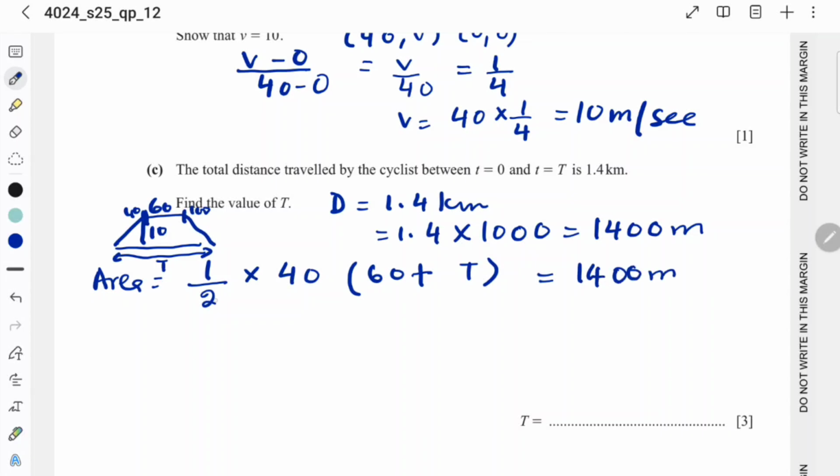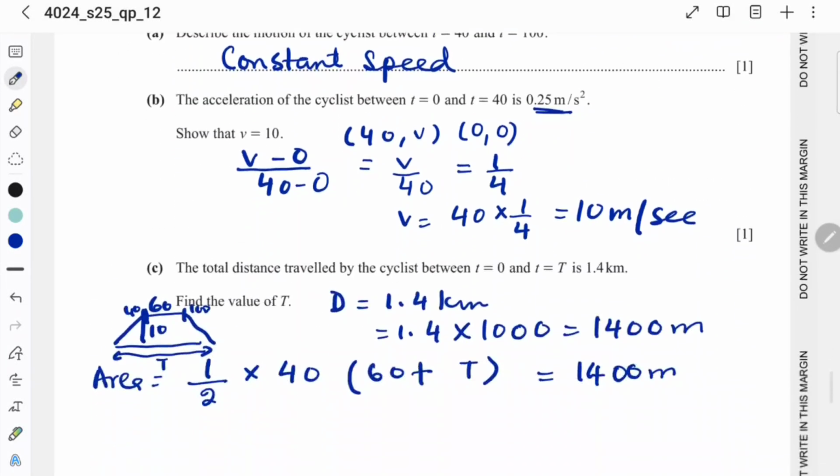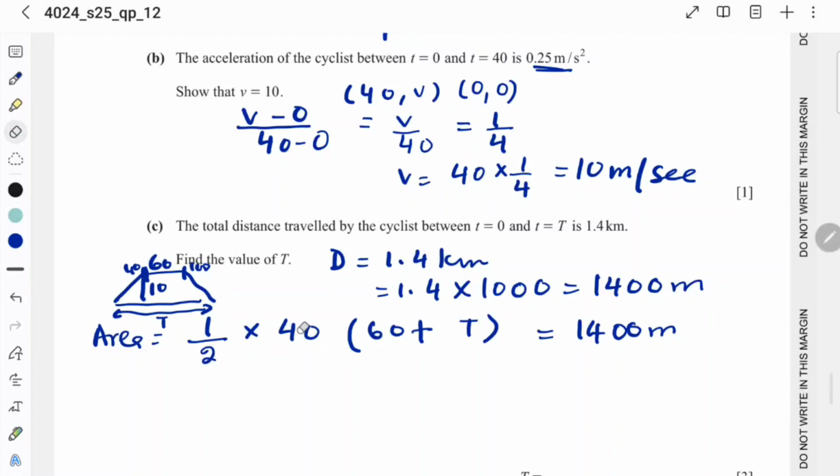Okay, so 2 times... not the 40, the height was 10, sorry, it was 10, I don't know why I wrote that here. It is 10. 2 times 5 is 10. 5 times 60 plus t is equal to 1400.